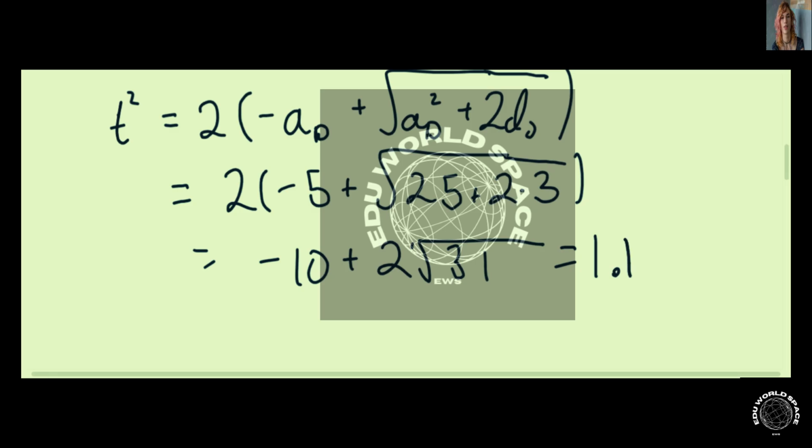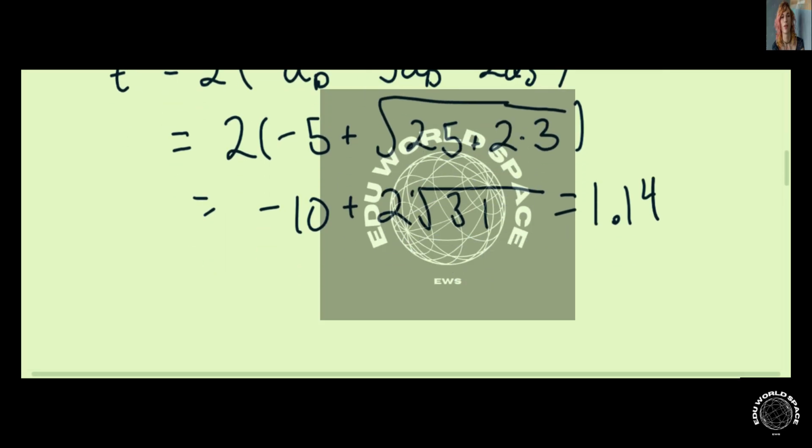And we can look in our calculator to get a value for that. So 2 times square root of 31 minus 10, and that's about 1.14. And t is just the square root of that.